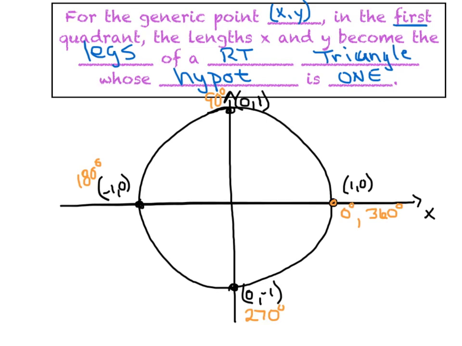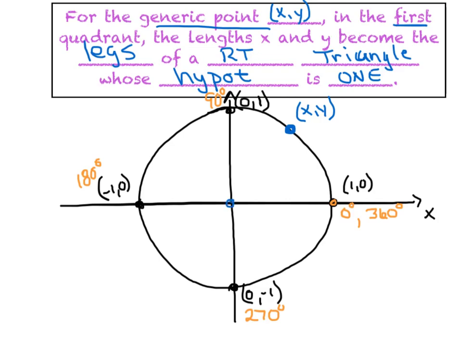Okay, now that we got all that labeled, here's where it gets really crazy. We talked about taking a generic point, x, y, and putting it in the first quadrant. Now, the key is that point has to fall on the unit circle, not inside it, not outside it, but right on it. And we said that the lengths x and y are going to form the legs of a right triangle.